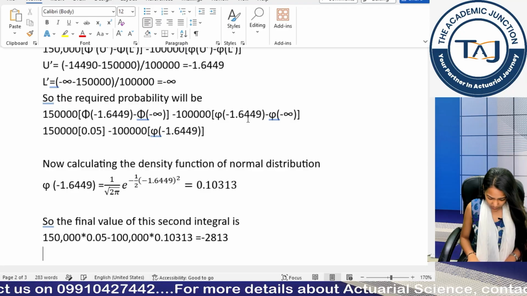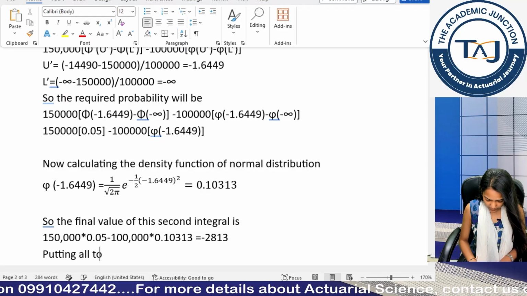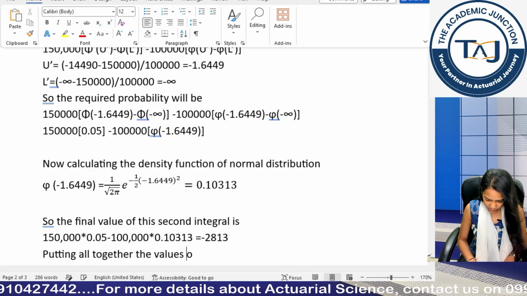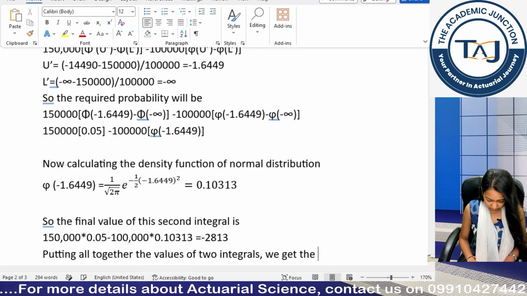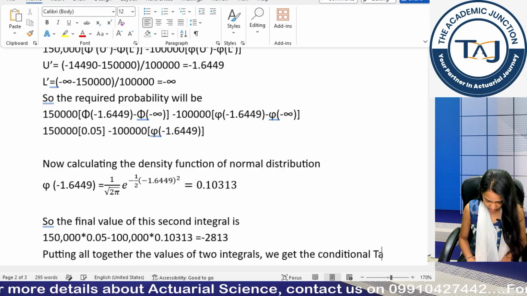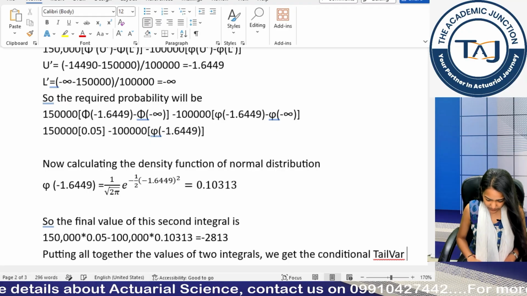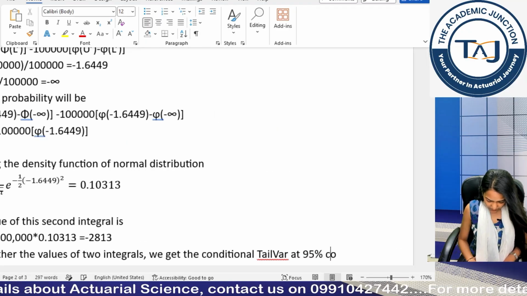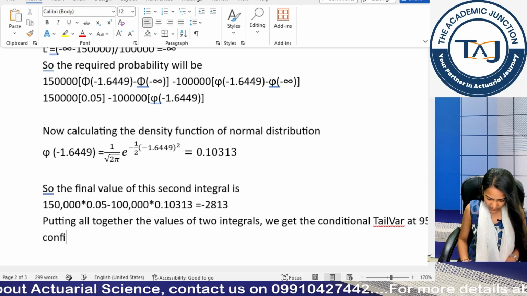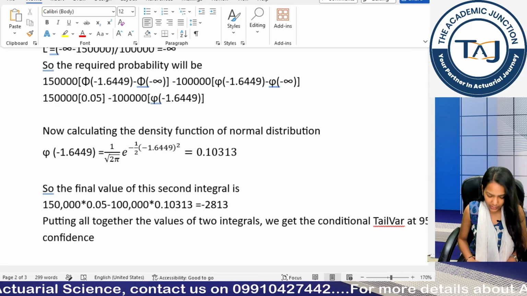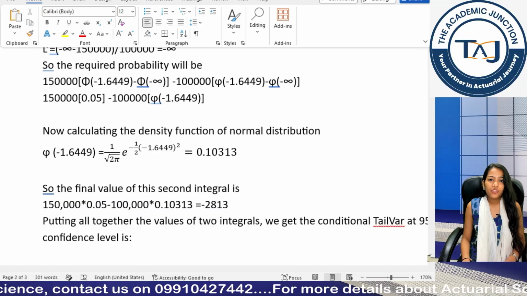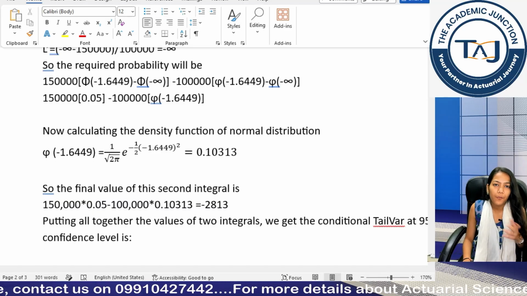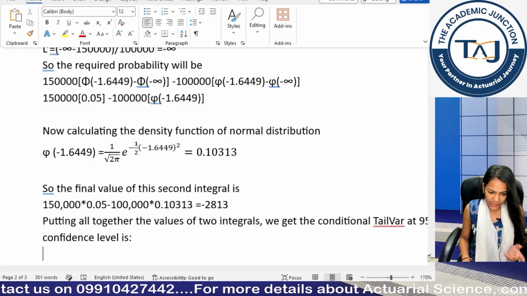Okay. Now putting together the values of the two integrals, we get the conditional tail VaR at 95% confidence level. Make sure you are writing the confidence level as well, because it is very significant in the case of VaR, tail VaR, and conditional VaR.